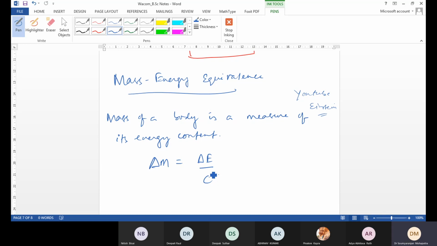If you have studied nuclear fusion, you can see that 1 gram of hydrogen completely converting into helium releases some mega electron volts of energy.